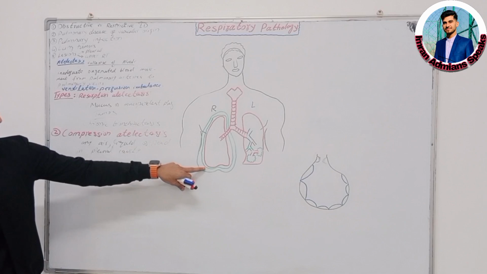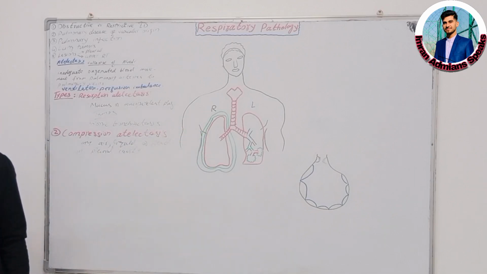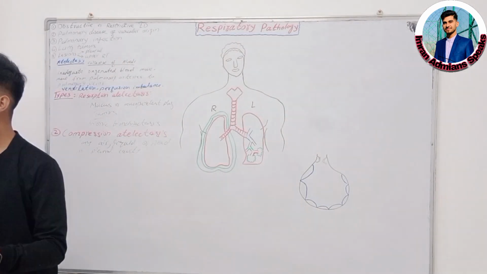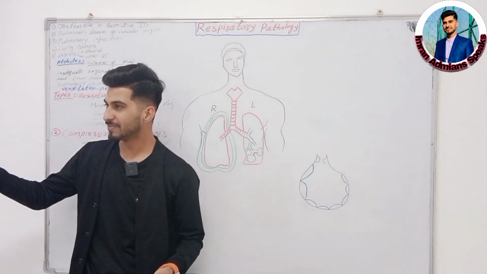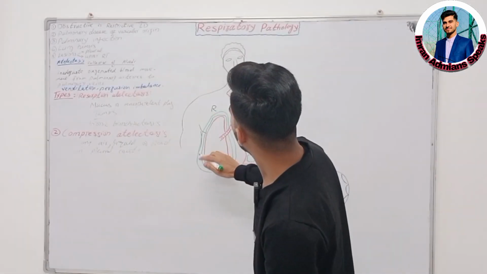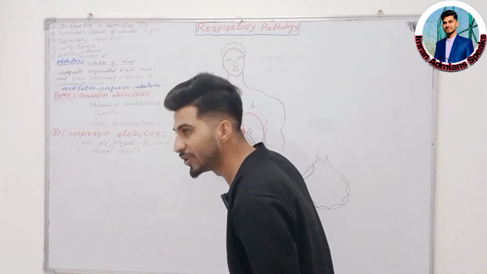Into the pleural cavity means between the parietal and visceral pleura. Okay, this point we will discuss in detail. In pneumothorax there is formation of blebs and bulla. Due to these blebs and bulla, there will be movement of air and interstitial fluid.